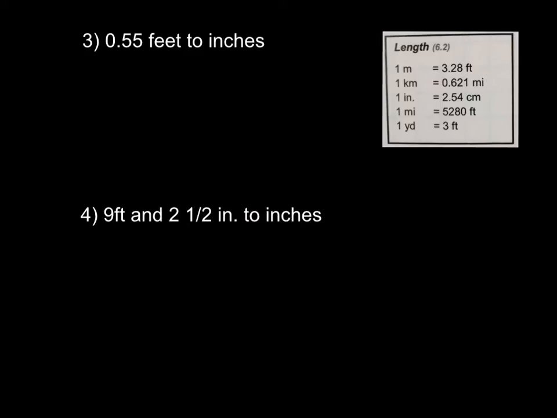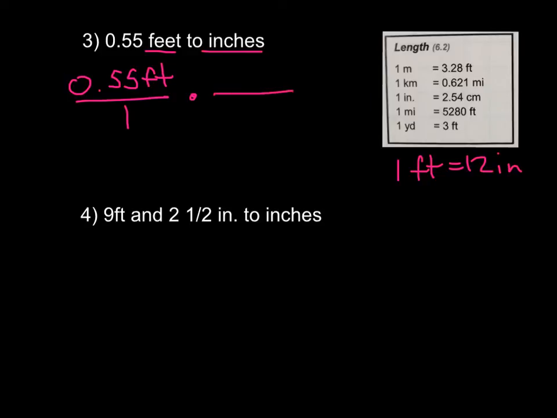Alright, so now we're going to do 0.55 feet to inches. So we're going from feet to inches, so we know we're going from 0.55 feet over 1, and we're going to use our conversion factor of inches and feet, and it's not on this chart, but we know that 1 foot is equal to 12 inches. Okay, so remember, we have to match our units.